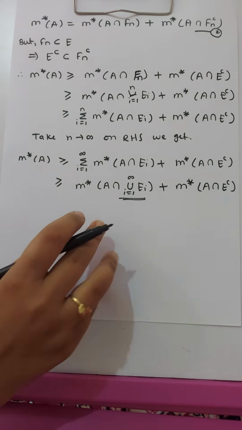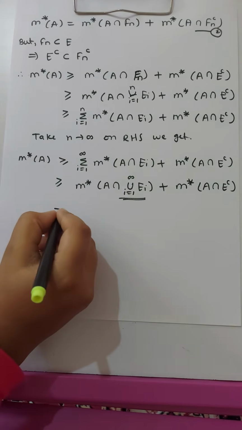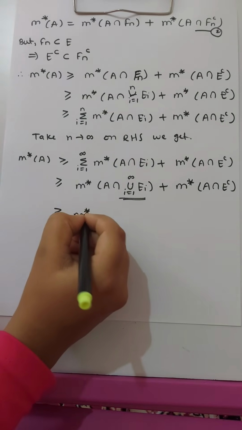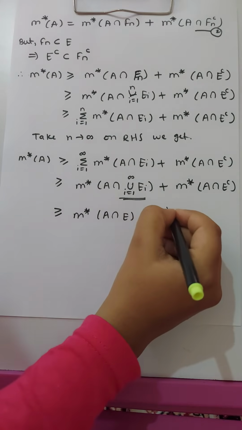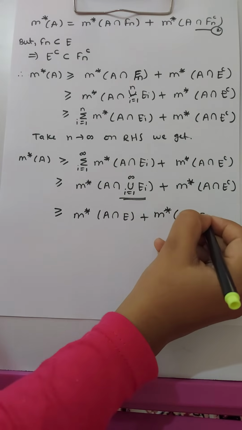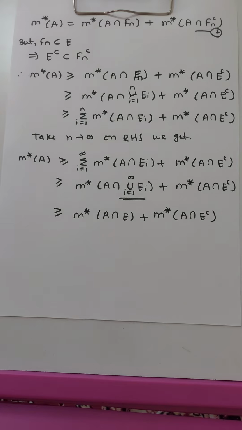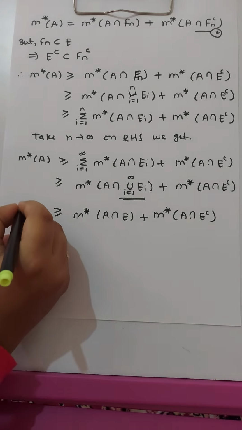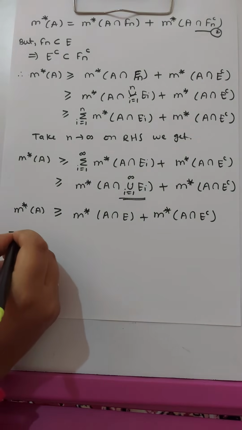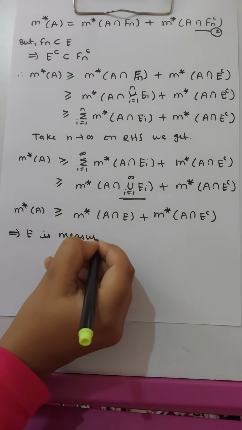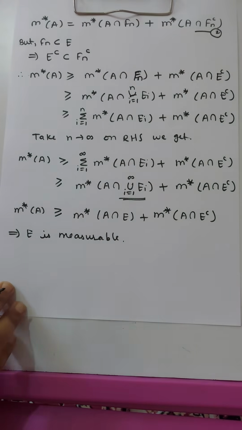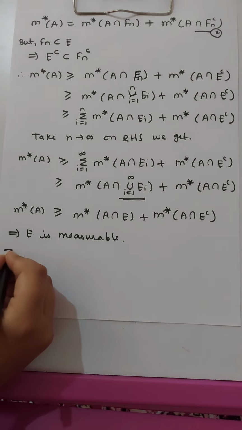Now this union is equal to E. So outer measure of A intersection E plus outer measure of A intersection E complement, and therefore by the definition of measurable set, E is measurable. That is, a countable union of a countable collection of measurable sets in M is measurable.